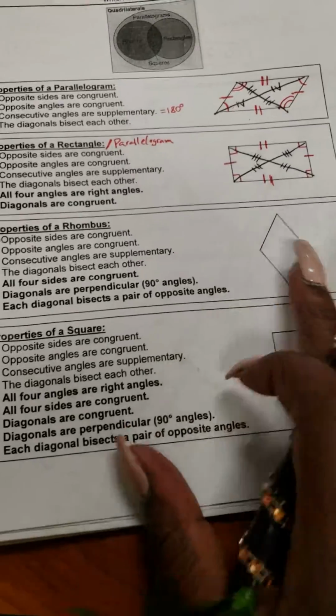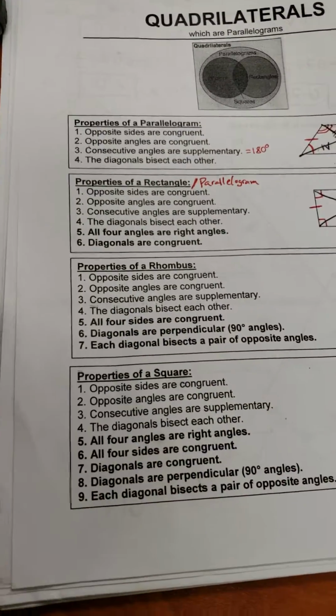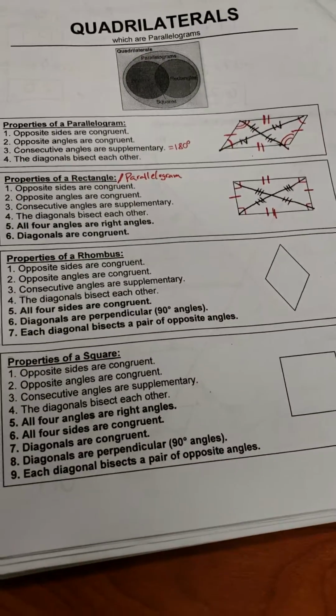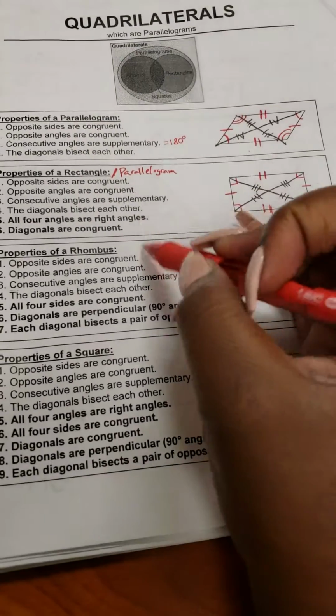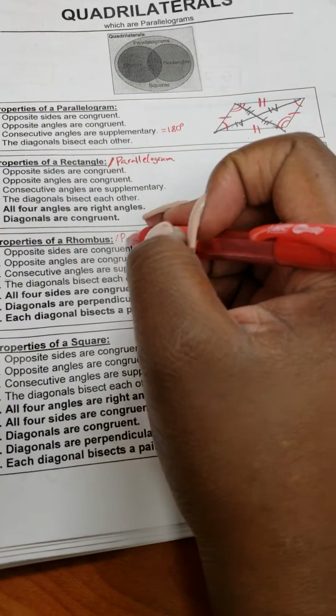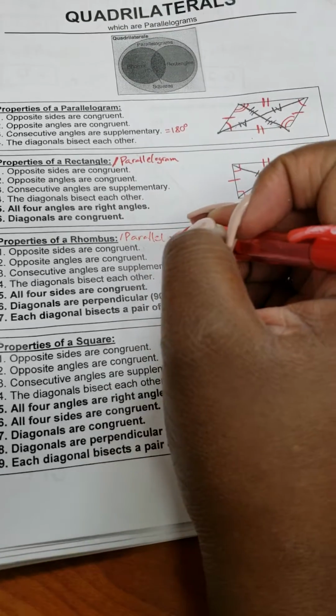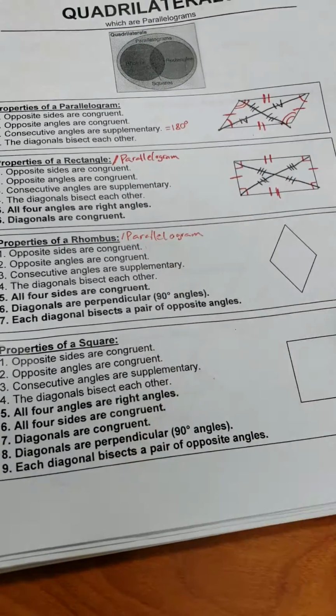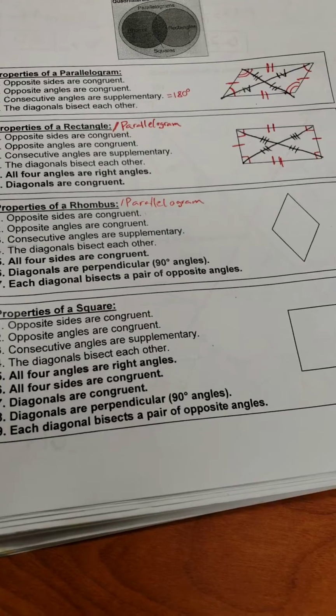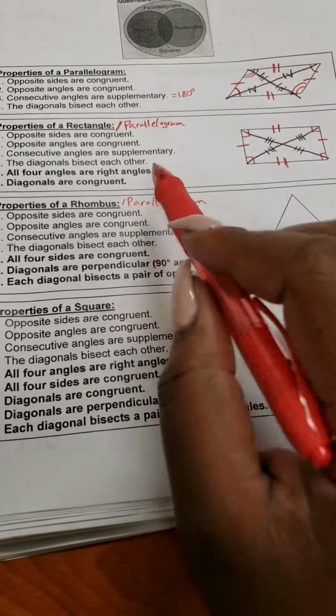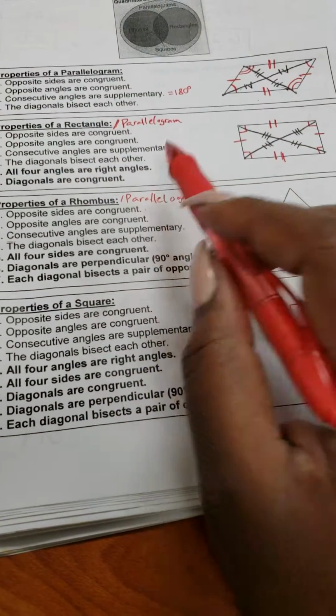Okay? All right, properties of a rhombus. The rhombus has all the properties of a parallelogram, so it's also a parallelogram. It does not have all the properties of a rectangle, so it can't be always a rectangle, all right?